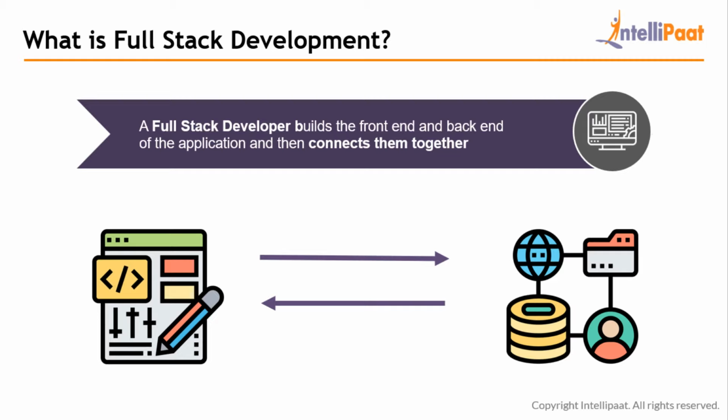The back end is the internal circuitry. That's the back end that you cannot see. However, it works with the front end to give you the desired output. So that's the difference between a front end and the back end of the application, and a full stack developer builds both of them and then connects them together so that you can use the application or the organization can use the application.